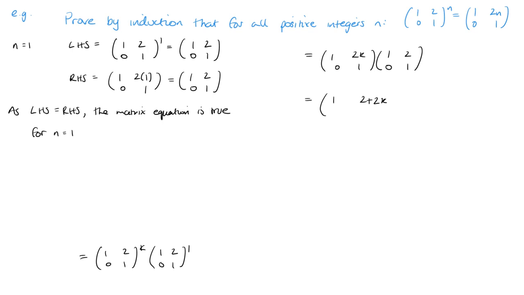Now for this one, 0 times 1, 1 times 0, that's 0. And then for this one, 0 times 2 and 1 times 1 is 1. So that's what we've got. Now this is 1, 2 outside gives me a k plus 1 inside, 0 and 1. And this now is the right hand side with k plus 1 replacing the n.